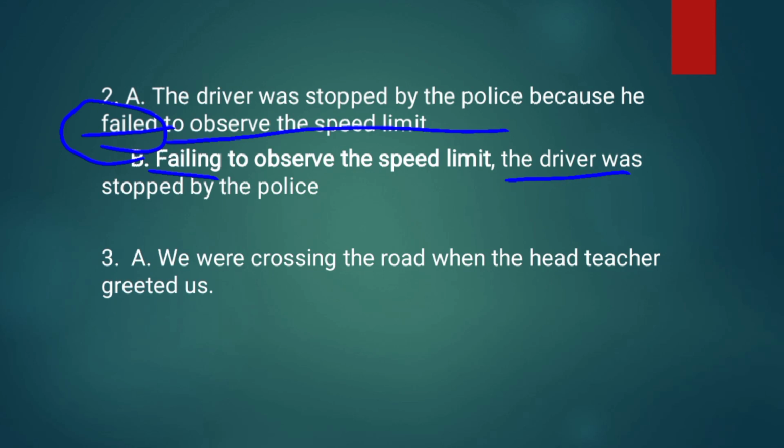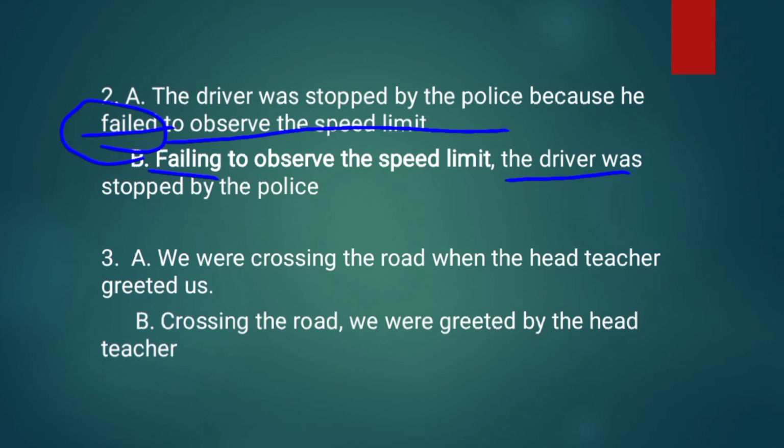Example number 3. "We were crossing the road when the head teacher greeted us." Crossing the road. So it's just this verb. You just get that verb. Here it was already in present continuous tense, so we'll just put it like that. Crossing the road.